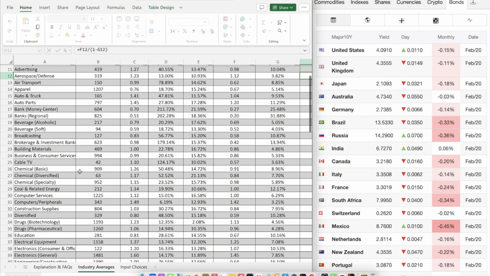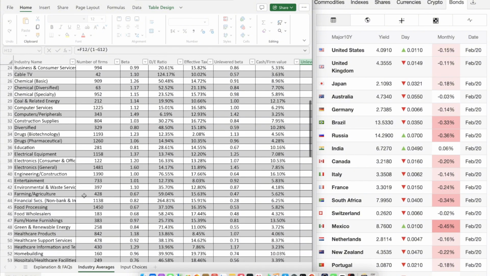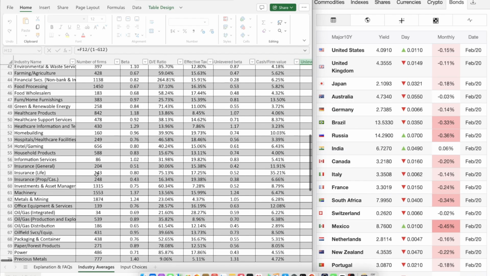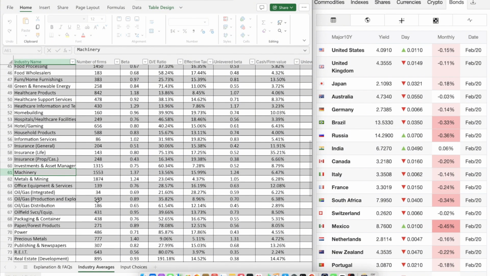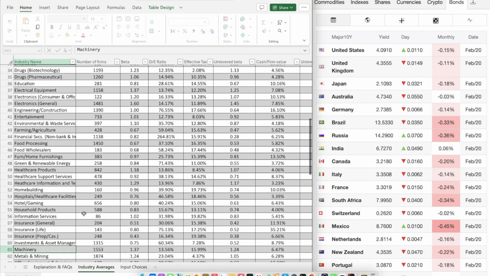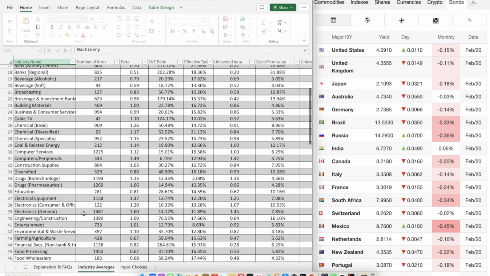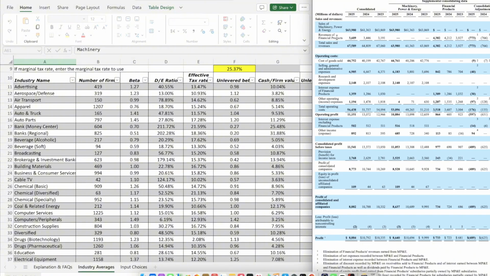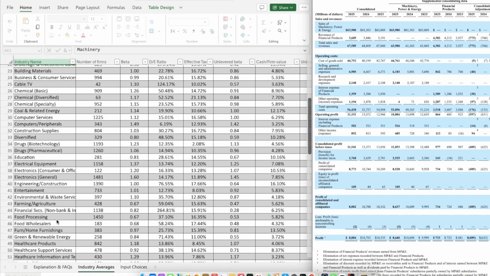The machinery will be one. Sales of machinery, power, and energy. Okay, so machinery will be one. Financial services could actually be another.